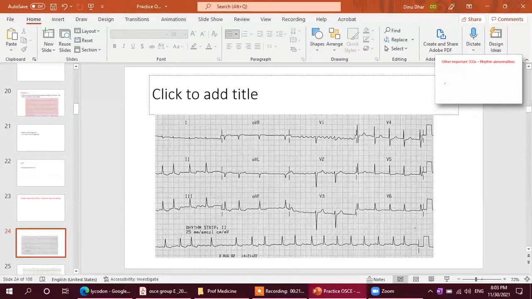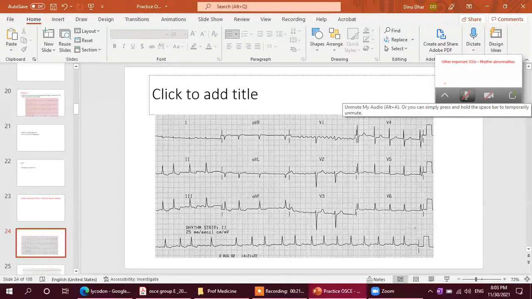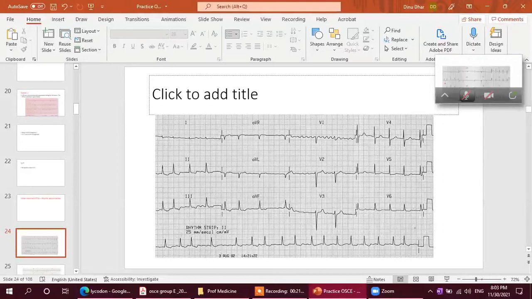What is this? So this is not exactly fast, but the heart rate is around 90 to 100, right? It's a narrow complex tachyarrhythmia. What are the key features here? Is it fibrillation or nodal or AV?